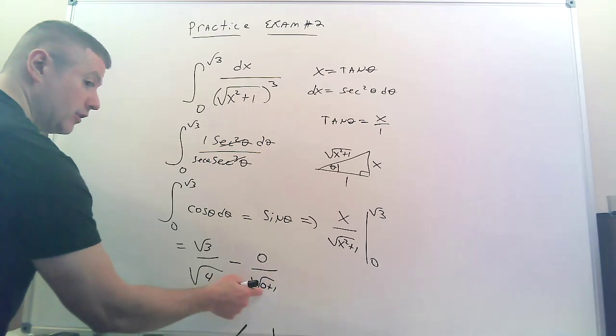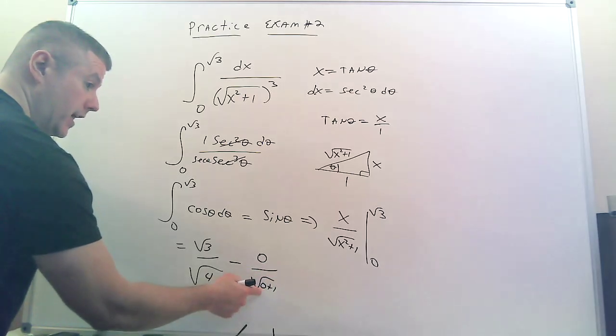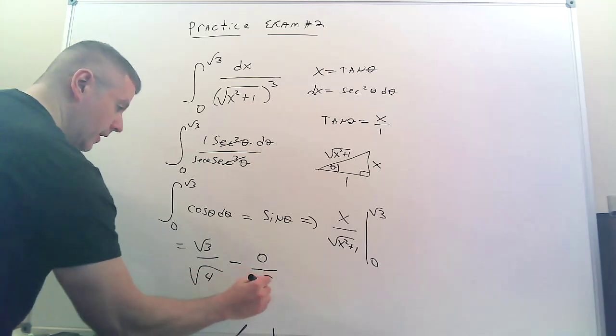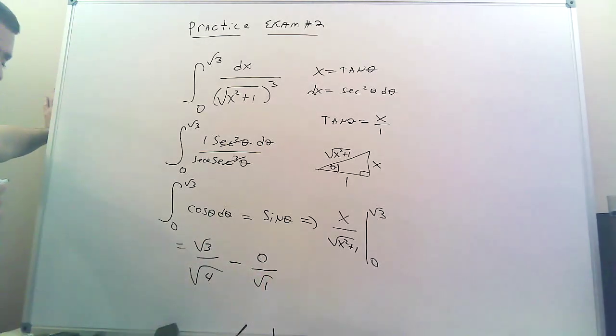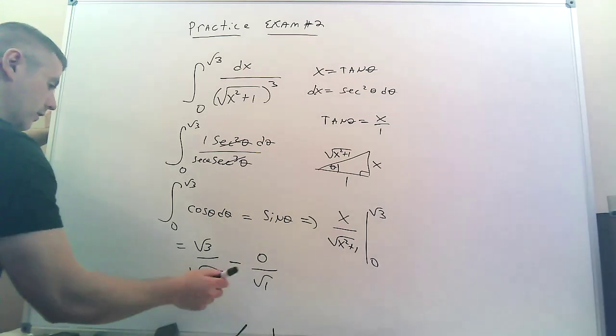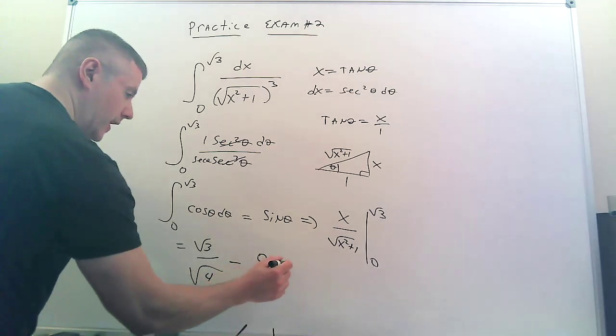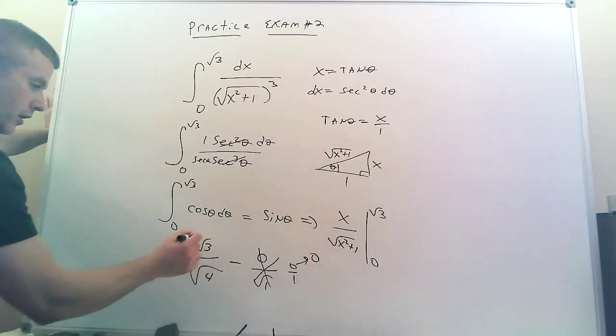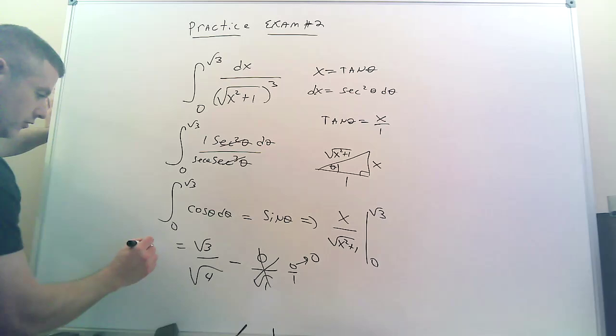You can't get 0 here. This would make this integral a very bad enemy of ours, which we'll talk about later. That would be what's called an improper integral. You cannot have the 0. So you get 0 over 1, but that's fine. 0 over 1 is 0. So that whole thing is gone. So my whole answer to this question is just radical 3 over 2.